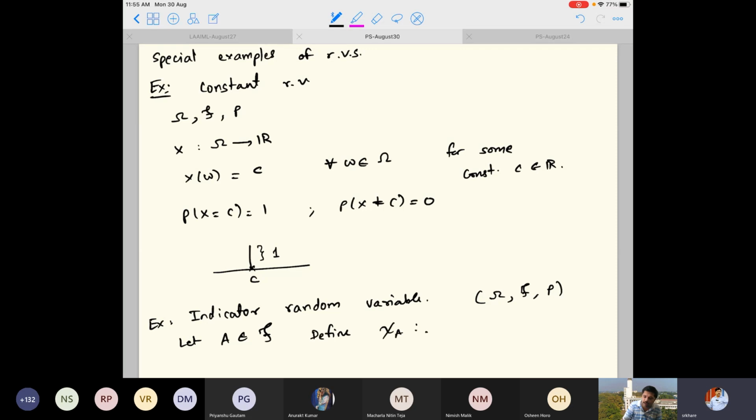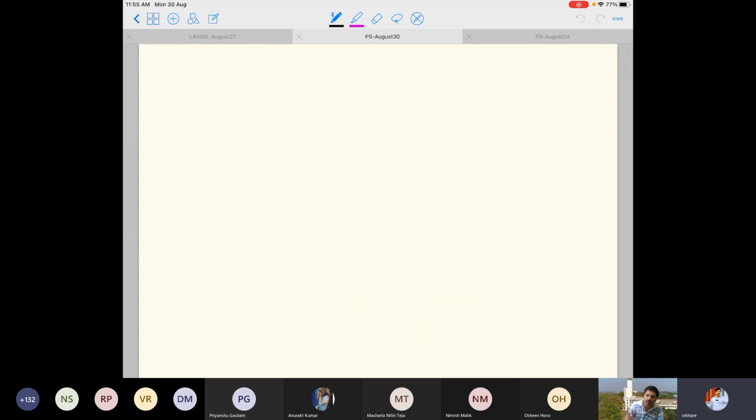I write chi A as a function from omega to R. This is the characteristic function. What is it doing? It is a function from omega to R, and chi A of omega is equal to 1 for every omega in A, and equal to 0 for every omega not in A, or you can say every omega belonging to A complement.